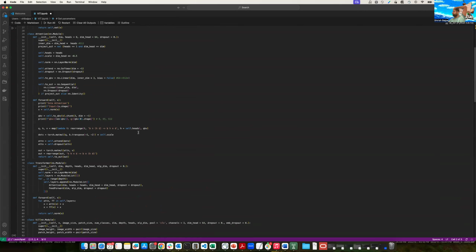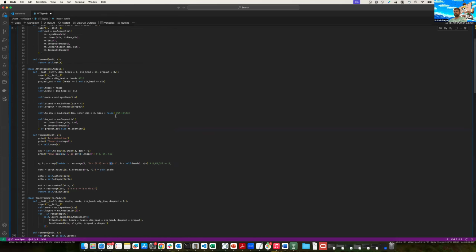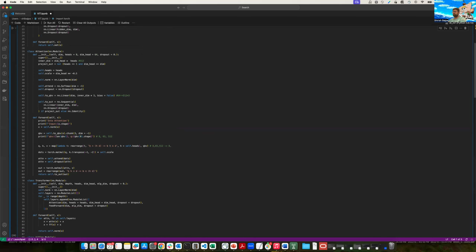Now we rearrange each of them into heads cross n cross d: from 8 cross 65 cross 512 to batch, number of heads, which is 8, cross n, the number of patches or tokens, 65, cross d, dimension 64.